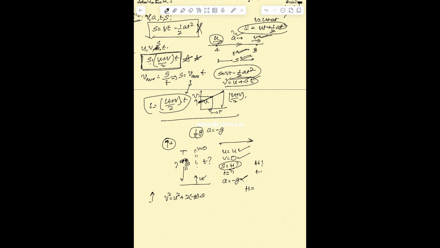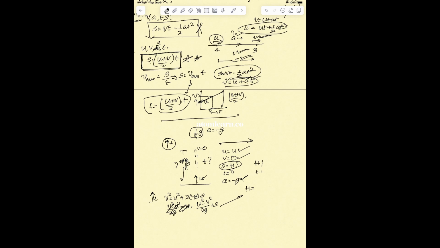This is the situation where you are throwing upward with the initial velocity u. Then this can be written as v squared minus u squared by 2g equal to s. Rather, this can be converted as u squared minus v squared by 2g is s.